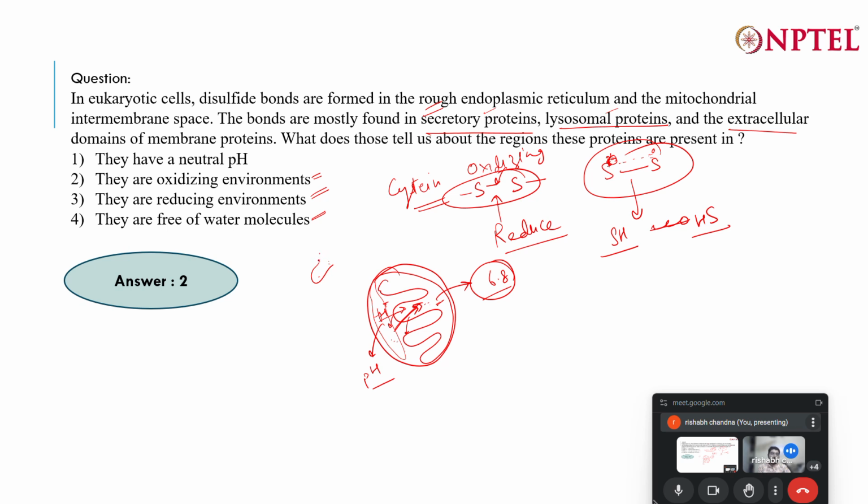So the endoplasmic reticulum has somewhat low pH compared to the cytosol, because all the secretory proteins and lysosomal proteins follow this pathway from the endoplasmic reticulum to the Golgi, then to vacuoles and the outside.